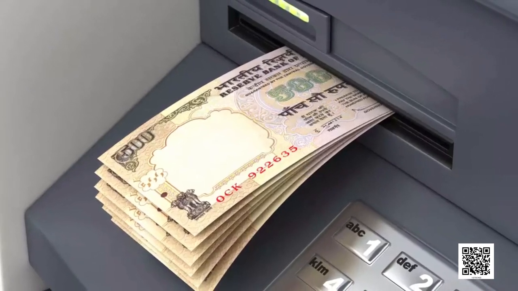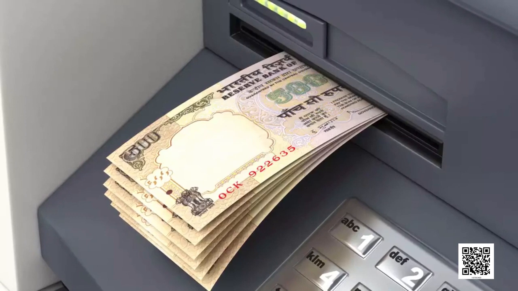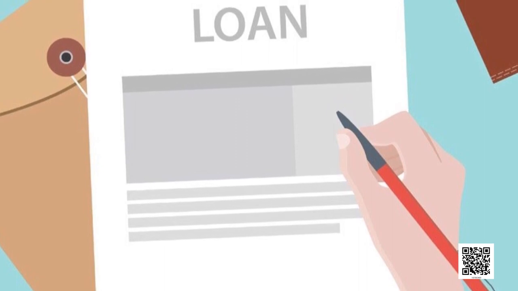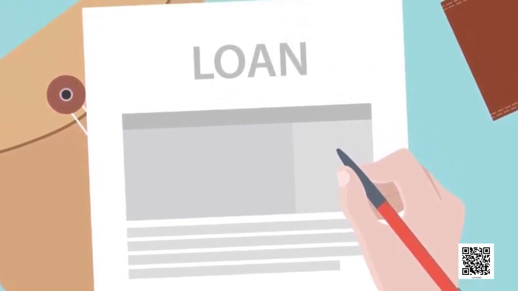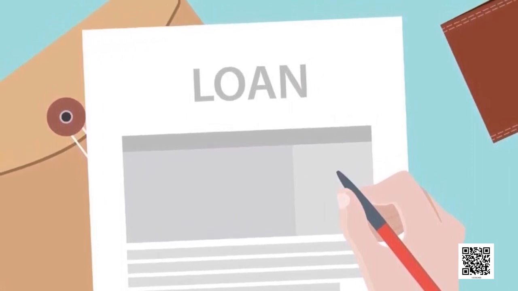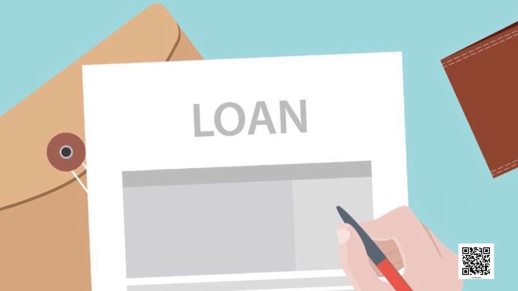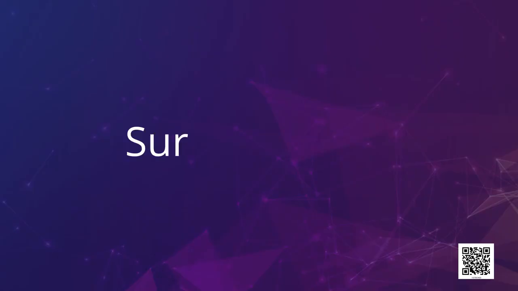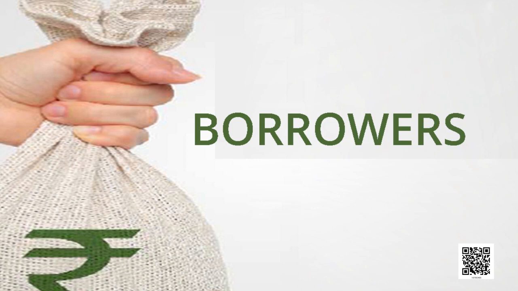Banks use the major portion of the deposits to extend loans. There is a huge demand for loans for various economic activities. We shall read more about this in the following sections. Banks make use of the deposits to meet the loan requirements of the people. In this way, banks mediate between those who have surplus funds, which are the depositors, and those who are in need of these funds, the borrowers.